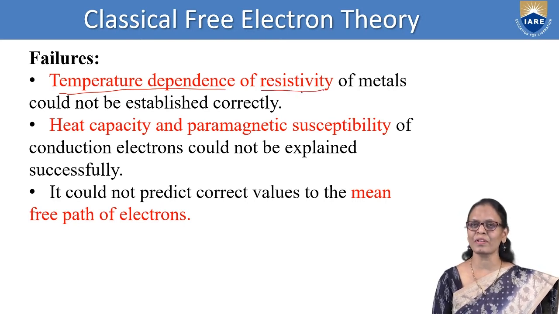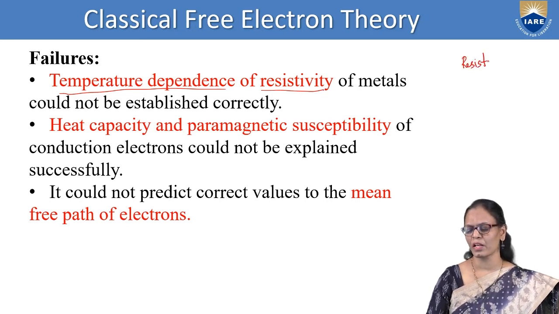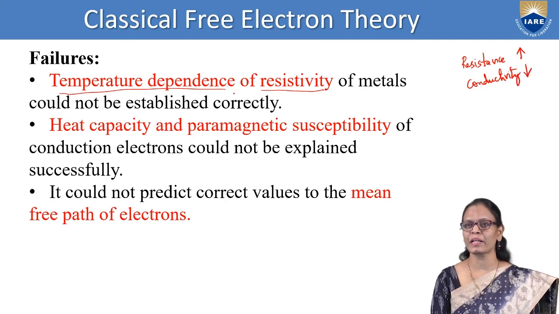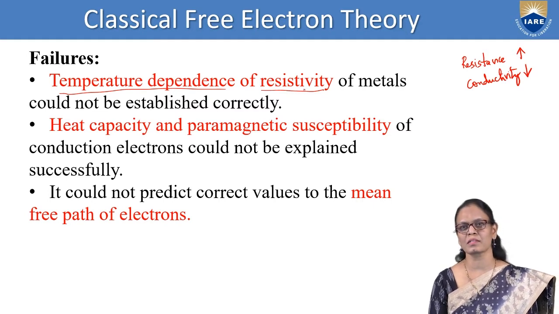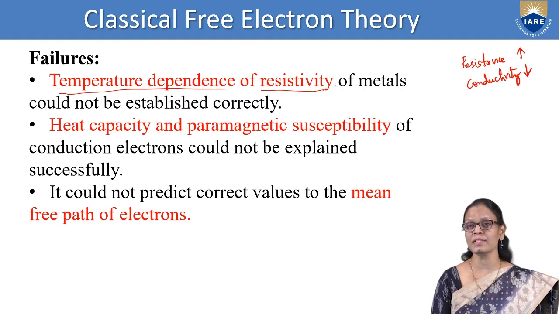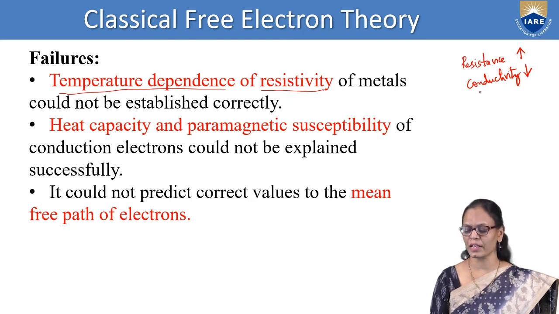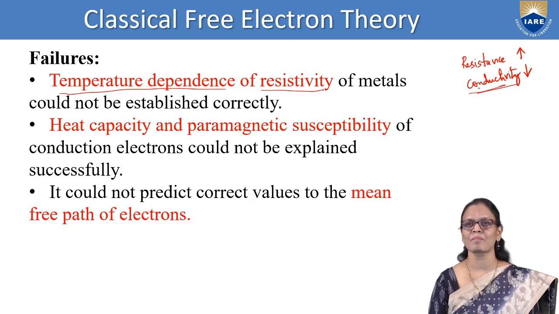When we talk about resistivity, if the resistance is more, the conductivity is less. So if you increase the temperature, how does the resistivity vary and how does it affect the conductivity of metals? That is what it could not explain correctly.